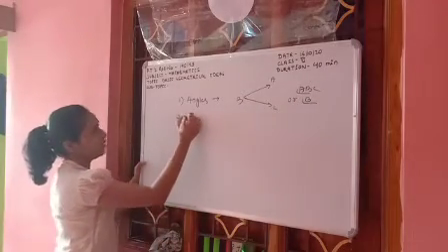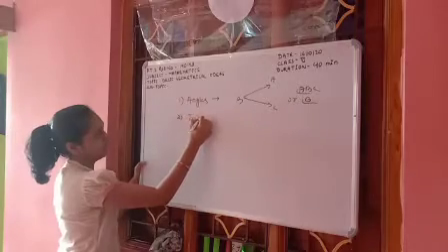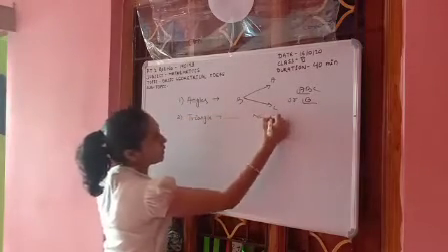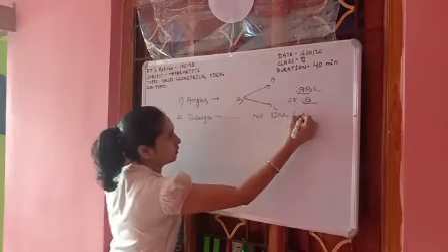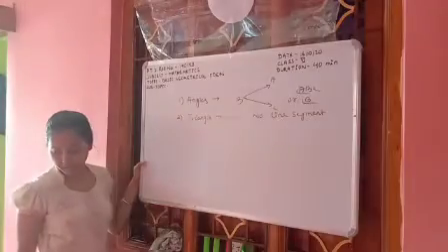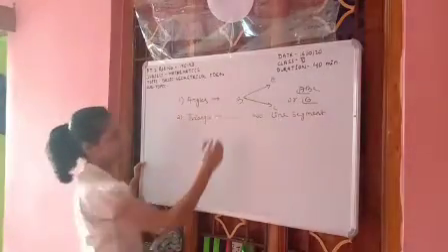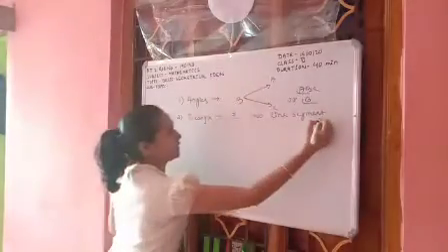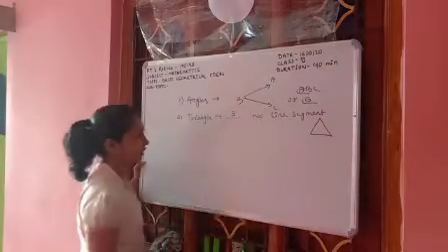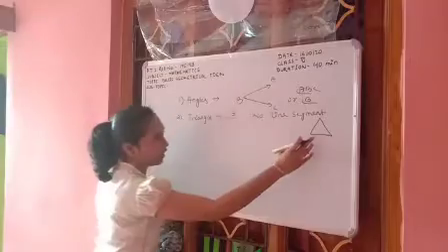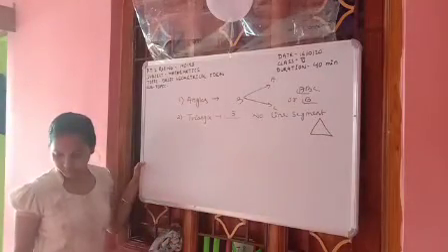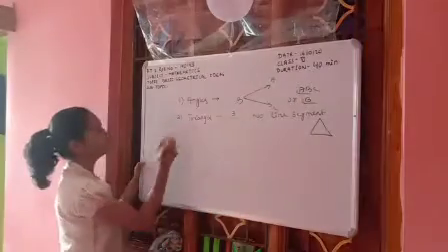Then we see the triangle. It is made up of how many line segments? 3 or 4? 3. Very good. It is like this. This is a triangle. Can we draw diagonals of a triangle? No, ma'am. Very good.